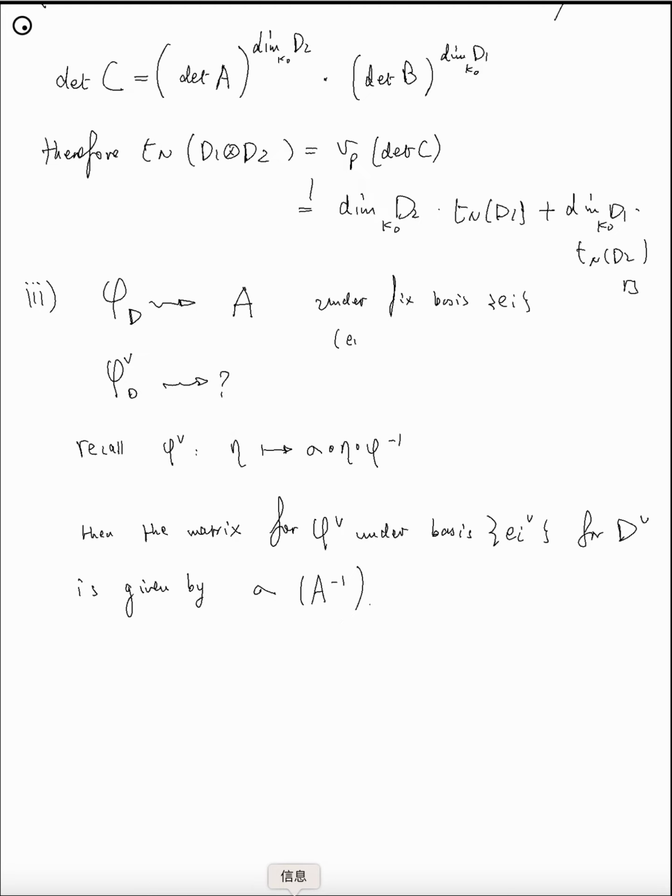So because here the basis is mapped to this, while here you have E1 du, ED du, this is mapped to A inverse, and then there is Frobenius acting on it.